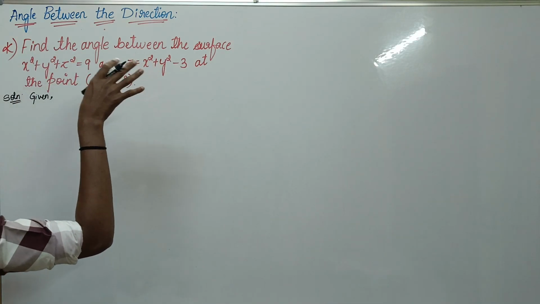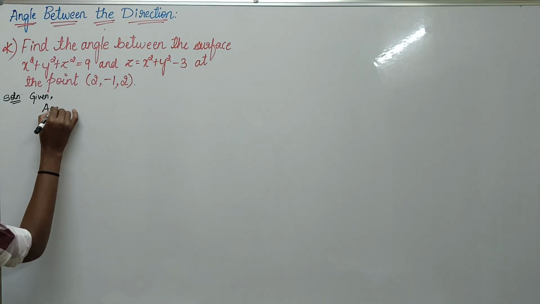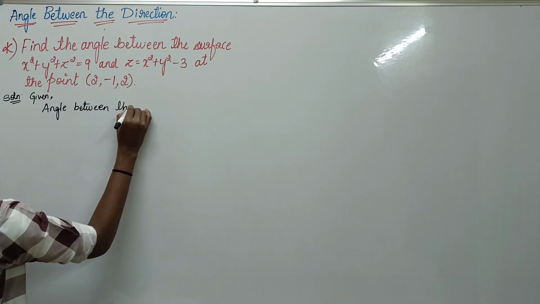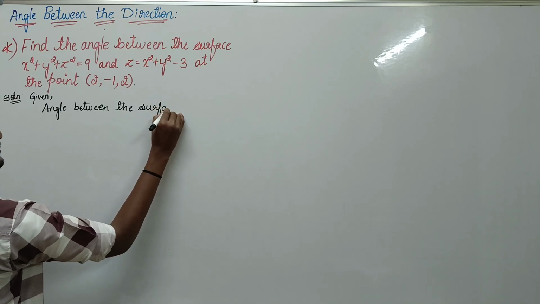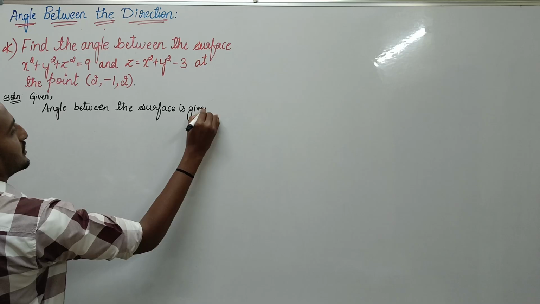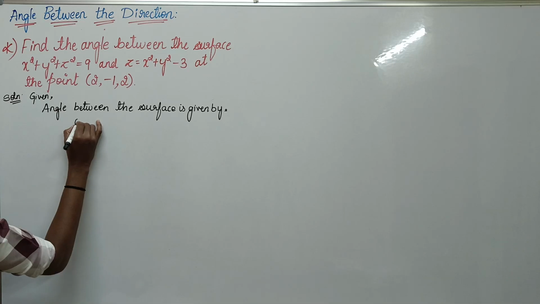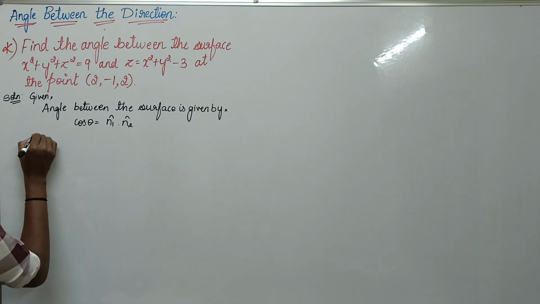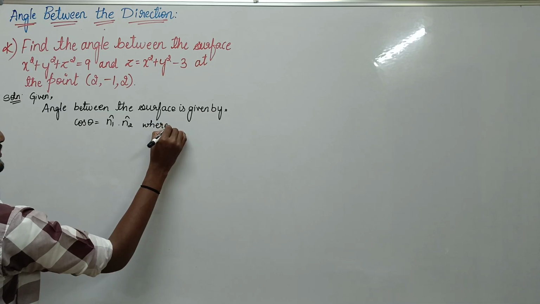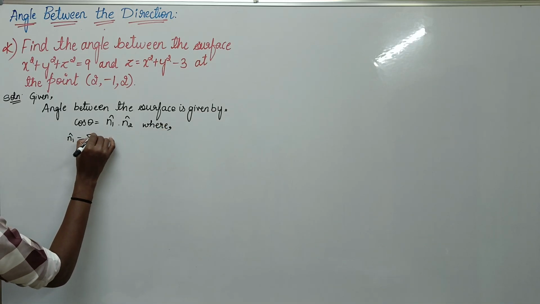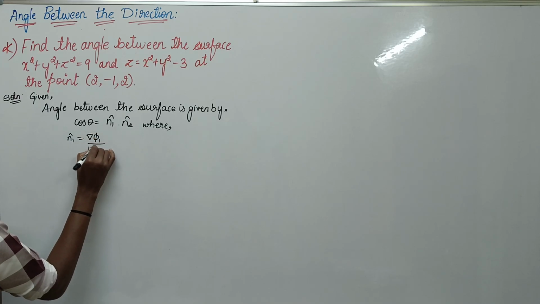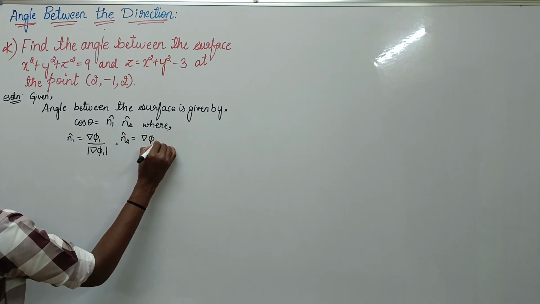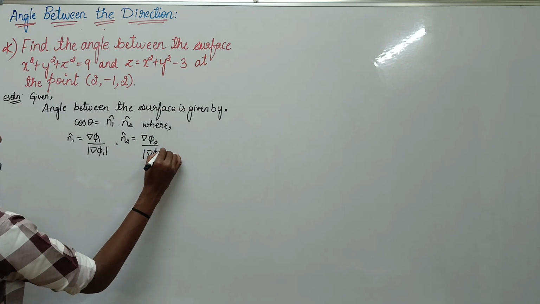Okay, first let us define what is the angle between the surfaces. The angle between the surfaces is given by cos theta equal to n1 cap dot n2 cap, where n1 cap is gradient phi1 divided by modulus of gradient phi1, and n2 cap is gradient phi2 divided by modulus of gradient phi2.